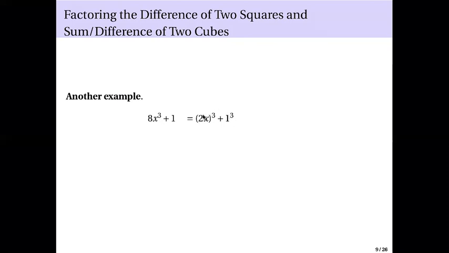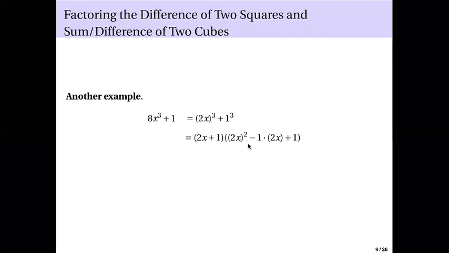So this guy here is a sum of two cubes, so we can apply our formula from there. You have 2x plus 1 here. And then for the other factor, you square this, that's why you have here 2x squared.